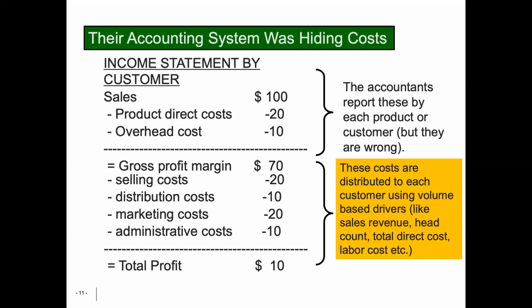The way this peanut buttering is happening is by looking at each customer in terms of their volume-based drivers like sales revenue, headcount, total direct cost, labor cost, etc. So even though there is some distribution of cost across these customers by using some volume-based drivers, it doesn't account for the unique nature of these customers with respect to what exactly has to be done with home and garden versus horticulture versus agriculture. And by not accounting for that, it ends up creating an estimate of profit margins, which may not necessarily be the right representation.